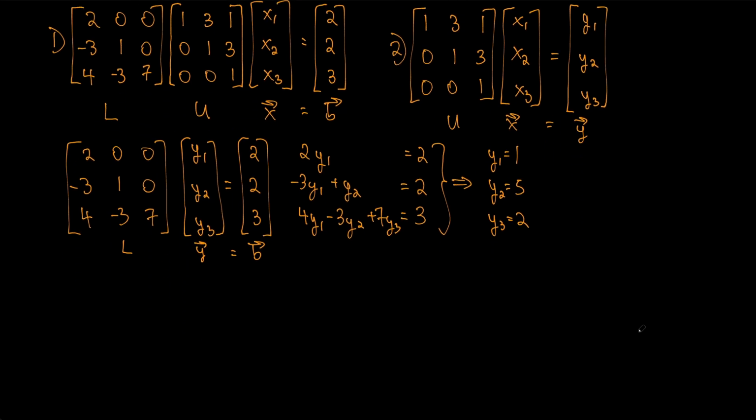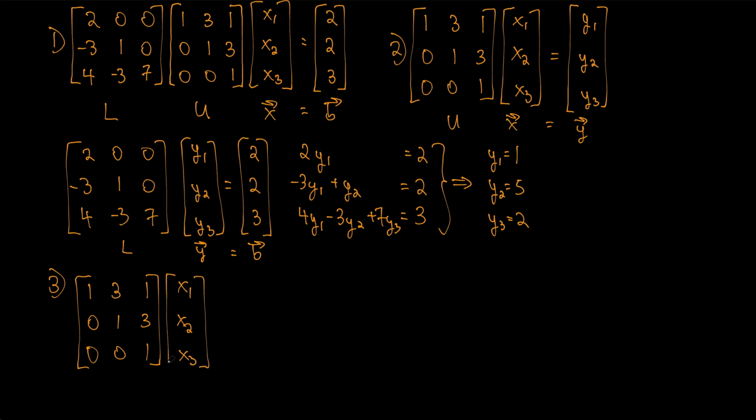So now we can go back in and do step 3, which is, now that we have Y, we will plug it into the UX equals Y equation to solve for X. So we have 1, 3, 1, 0, 1, 3, 0, 0, 1, multiplied by X, and that equals 1, 5, 2, as we now see because we just solved for all of those y's.